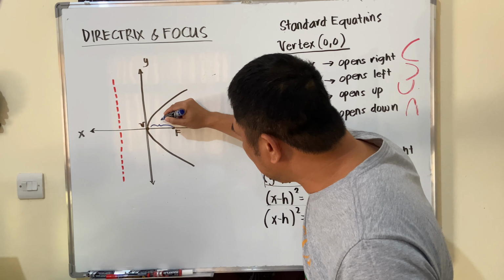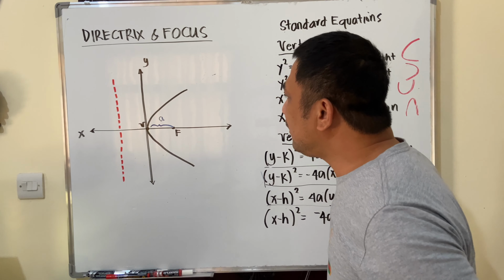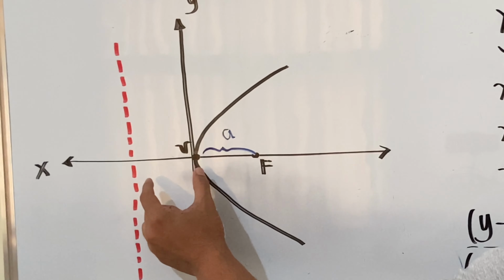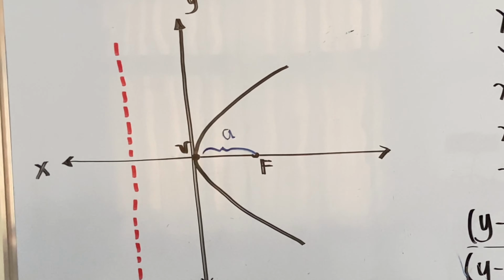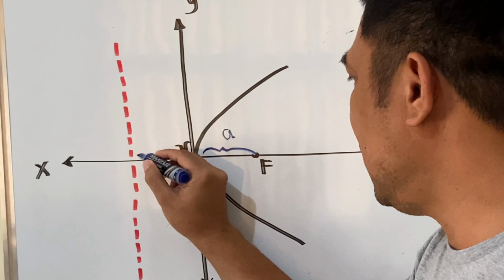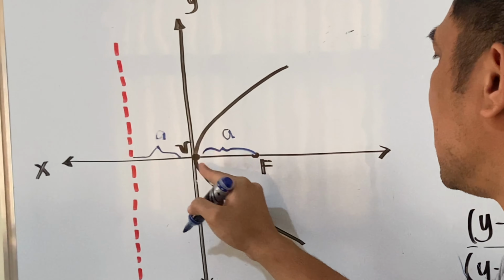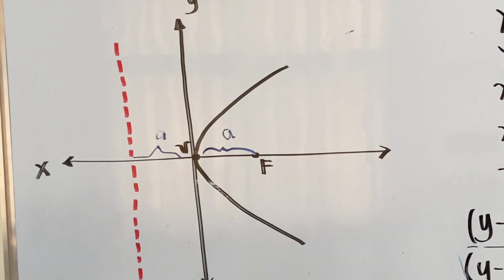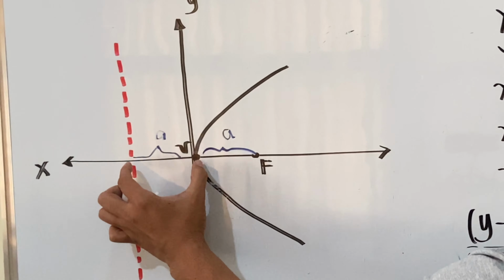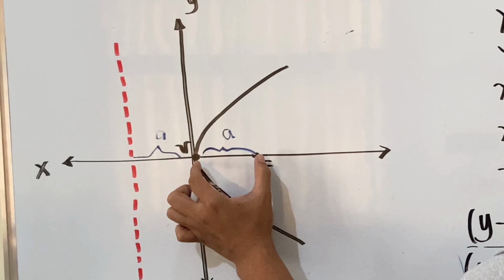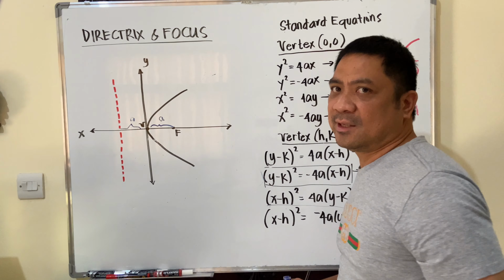From your vertex to your directrix, it is equidistant to your focus to vertex. So the distance from the directrix to the vertex and from the vertex to the focus are equal.